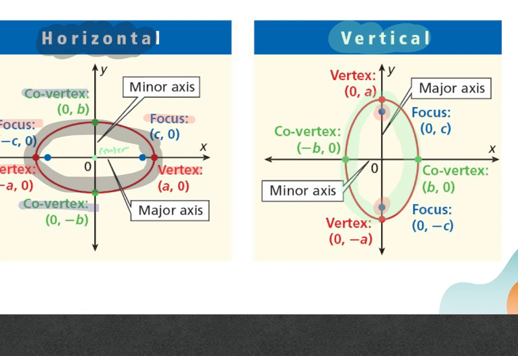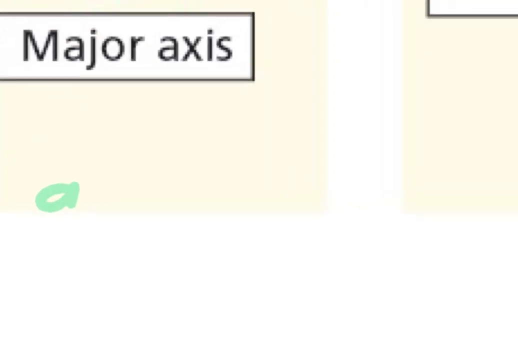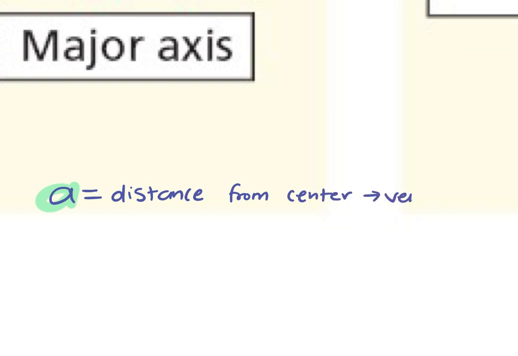Now, all those pieces of information, there's an A, a B, and a C. The A, and this is going to be true for both ellipses and hyperbolas, is the distance, so you're going to want to write this, the distance from the center to the vertex in both directions.